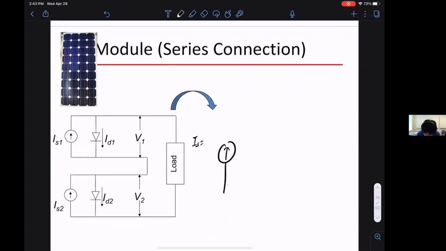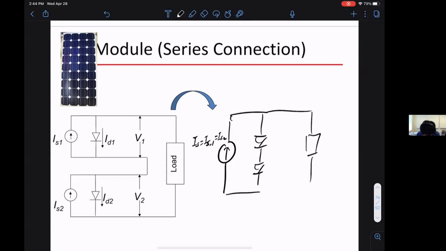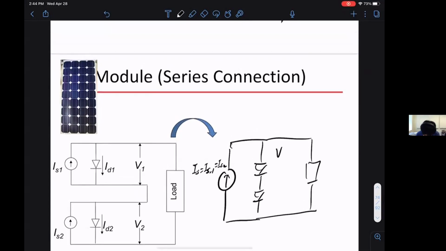So they have S1, S2, you have two diodes, things are in series, and then you have a load. So when you connect things in series, the current doesn't go up, the voltage goes up.